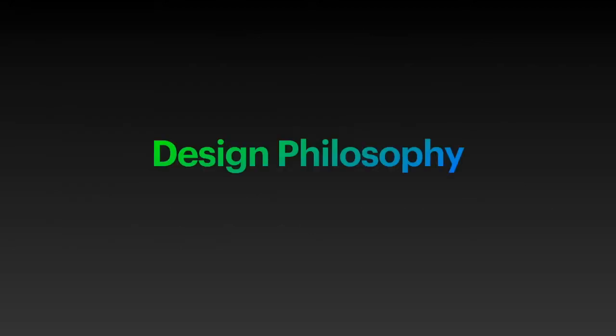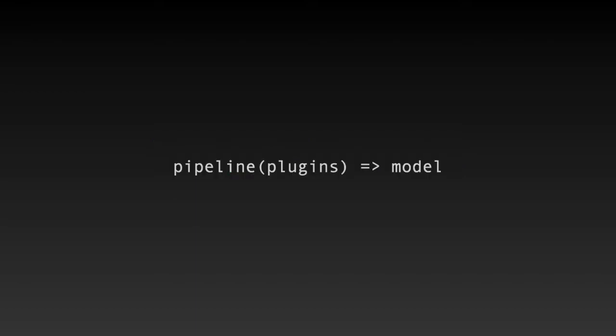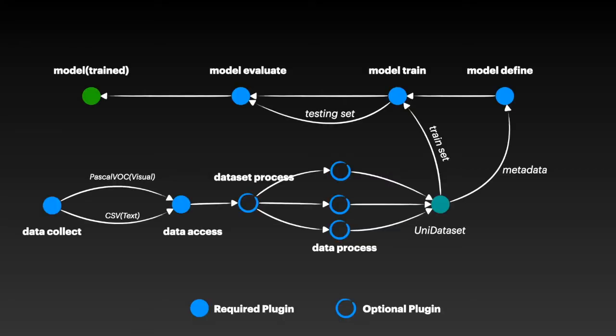So let's think about the design philosophy in terms of the architecture and how we designed it. First of all, we define a pipeline as a function, and a pipeline can take a set of plugins as parameters, and the output of the pipeline is essentially our model. Let's look at the big picture of how we process the data and get the model.